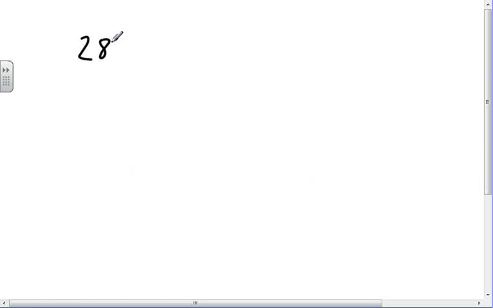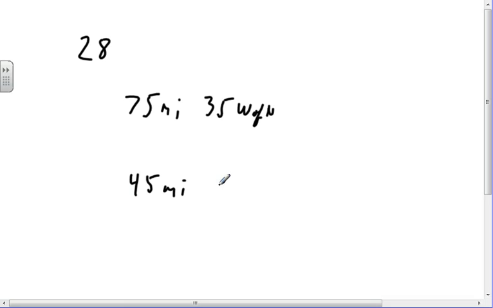So problem 28. Okay, so I got 75 miles, 35 west of north. You doing 28 again? Yeah, I'm doing it without my calculators. I'm doing it with a $5 calculator.